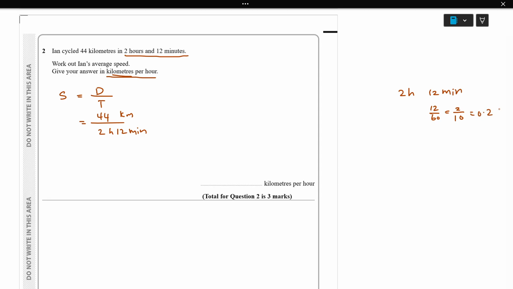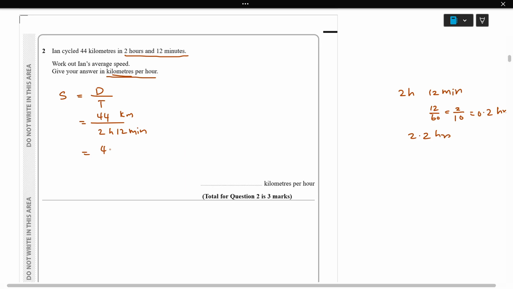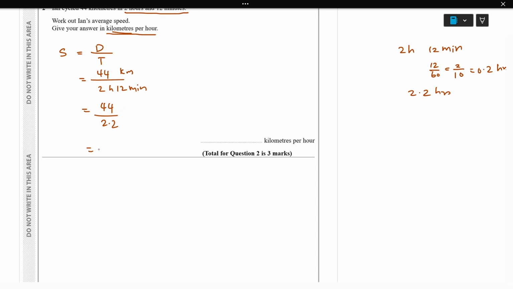So this is in hours now: 2.2 hours. So we have 44 kilometers over 2.2 hours. To remove the decimal in the denominator, I multiply numerator and denominator by 10, giving 440 over 22. Dividing by 22 gives 20. So the answer is 20 kilometers per hour.